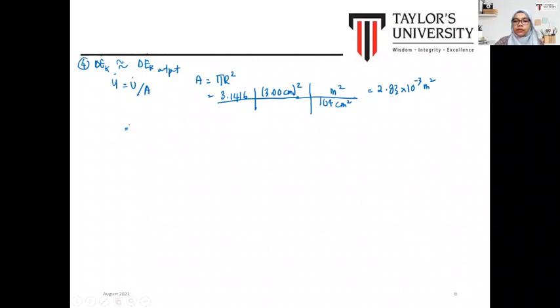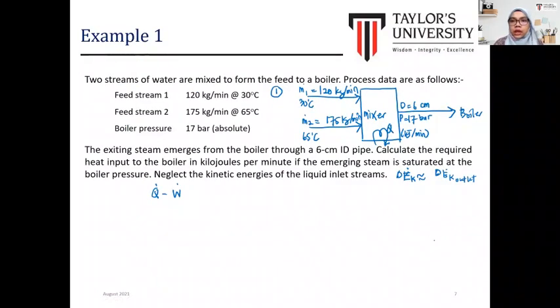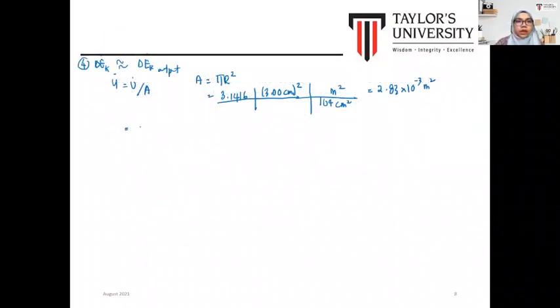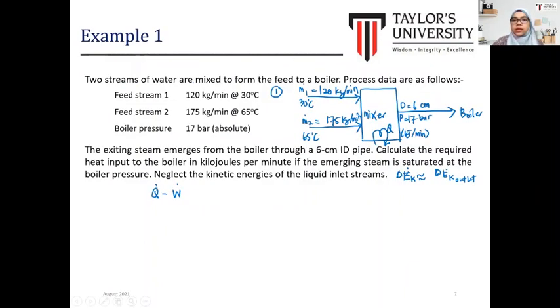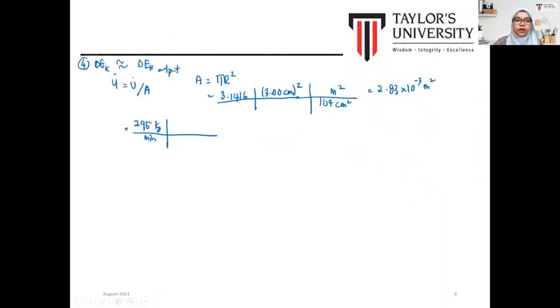Okay, the V given here, we can consider at the output here. From our calculation, we have 295 kg per minute. Okay, because this is kg per minute, so we need to use the information of density. So you need to find the density at this condition, at 70 bar, to obtain the density of steam.